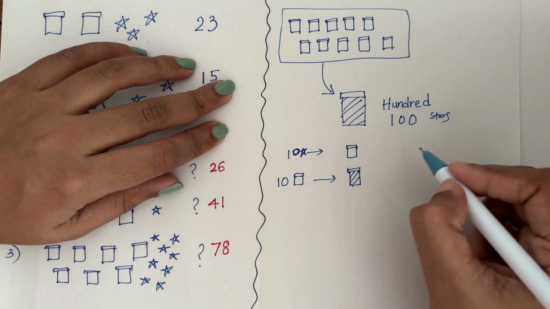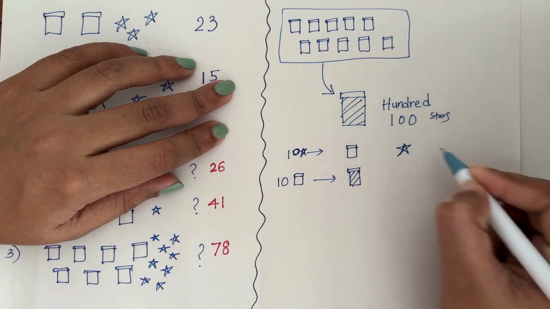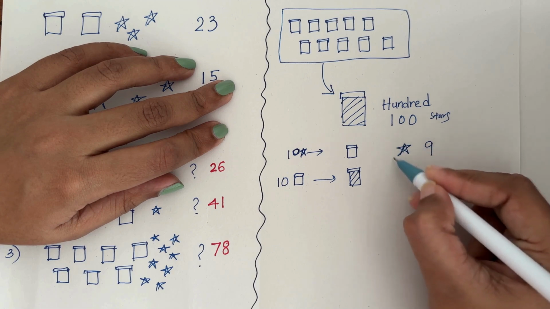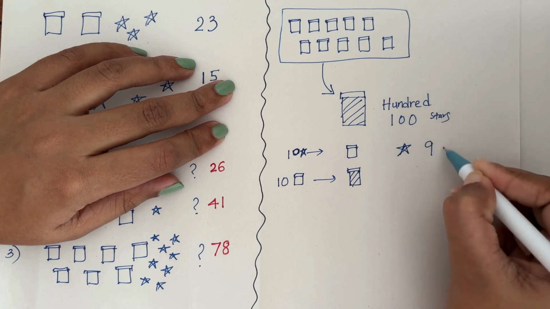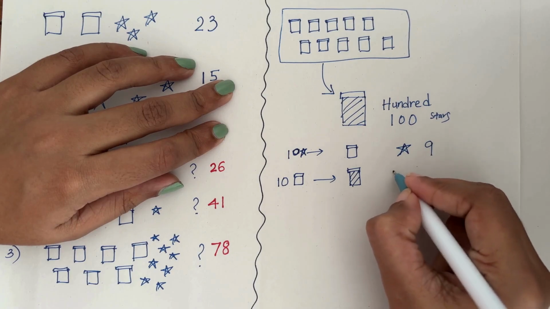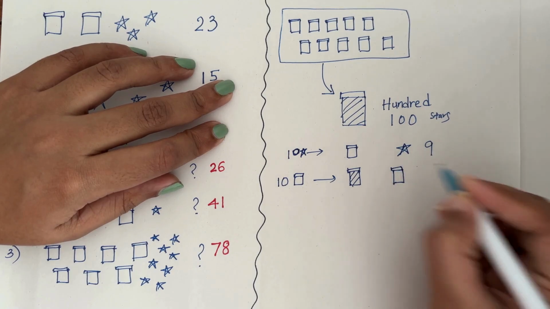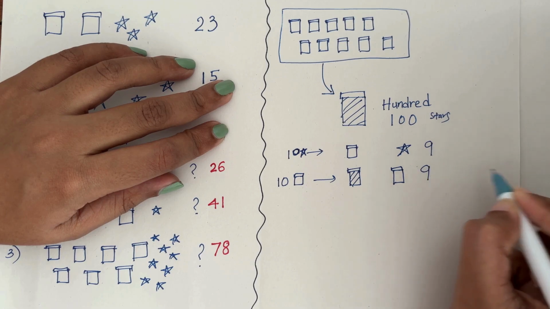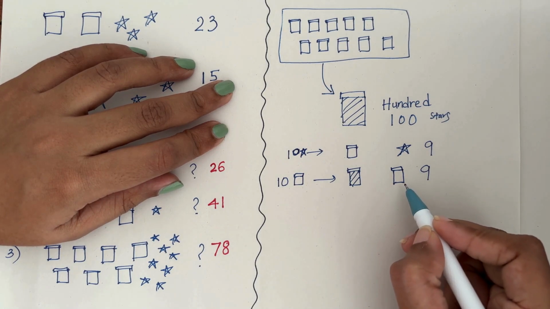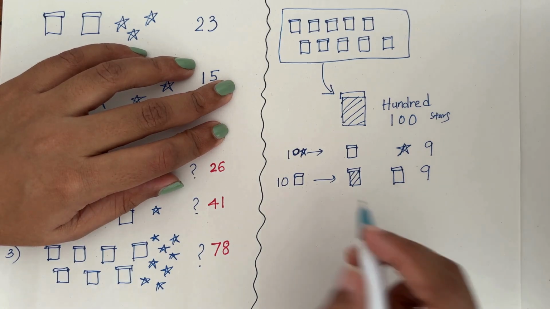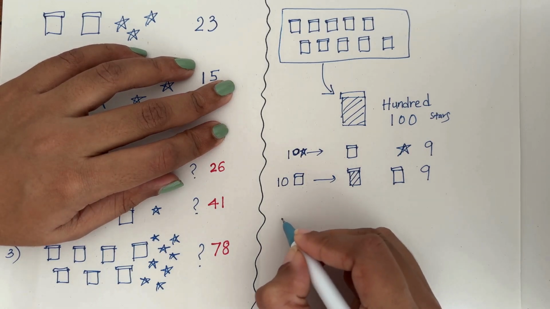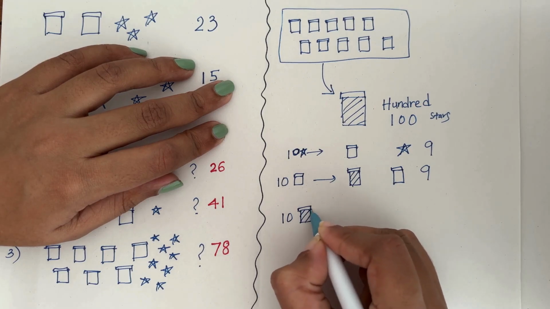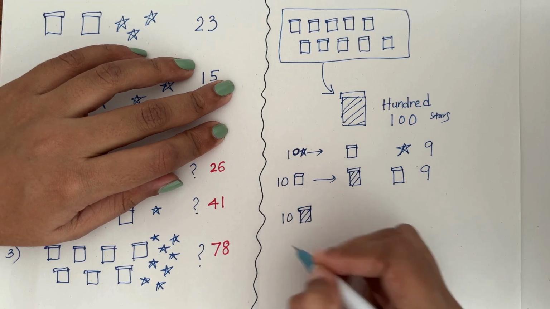The maximum number of stars we can keep, if these stars are alone, is 9. If we have boxes, the maximum number is again 9. We can't keep 10 boxes. Likewise, we can't keep 10 big boxes together.